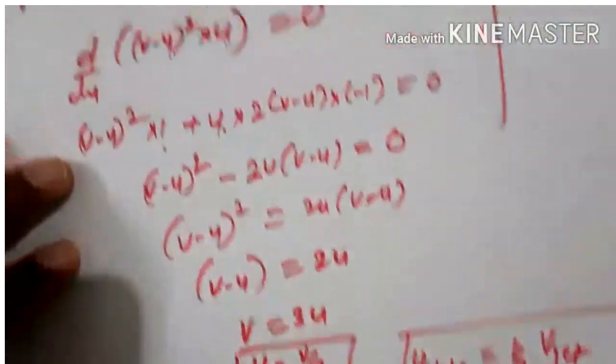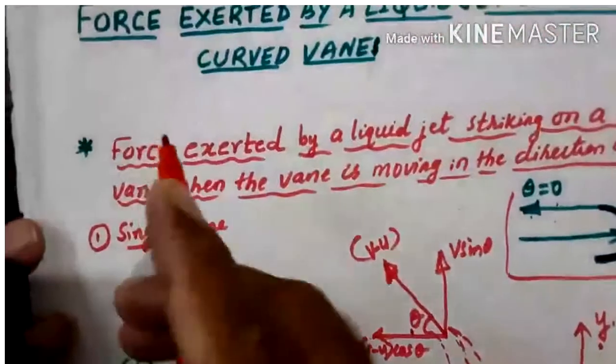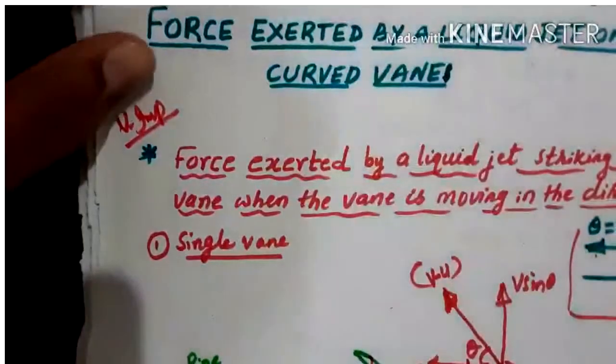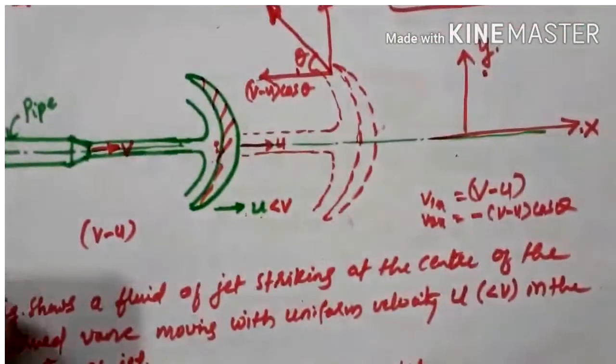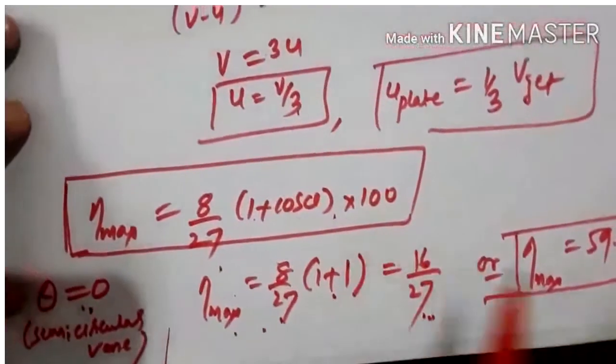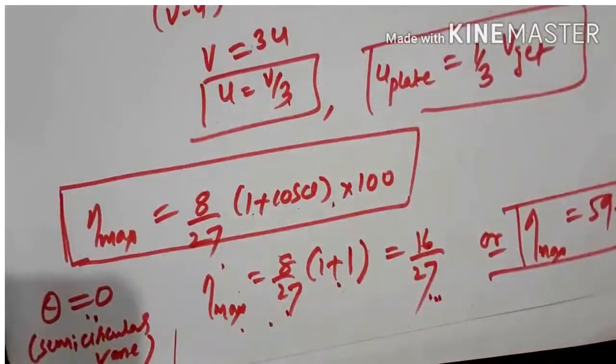This is the moving vane derivation, very important. So I am creating a very important derivation here. Derive an expression for efficiency, that is, they will be asking like this: 1 plus cos theta into 100. Many times the question will be asked.